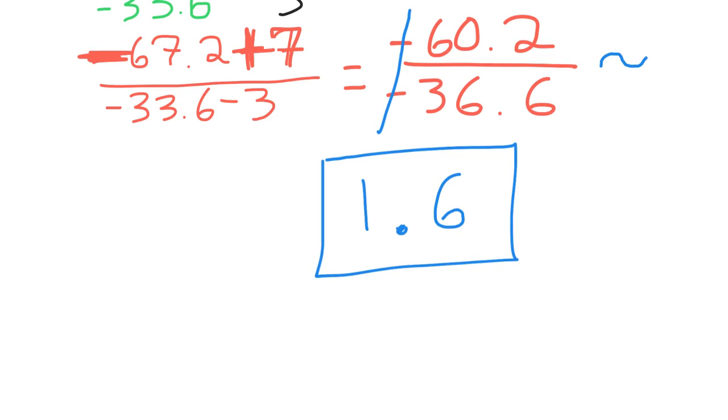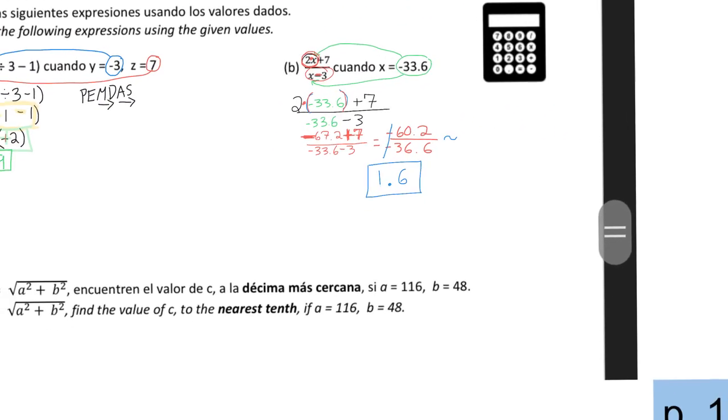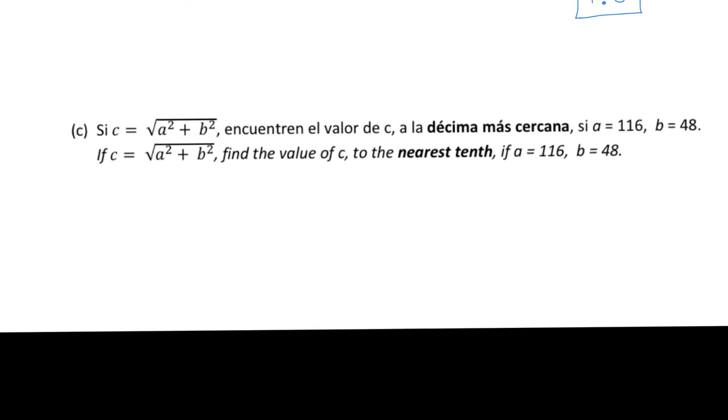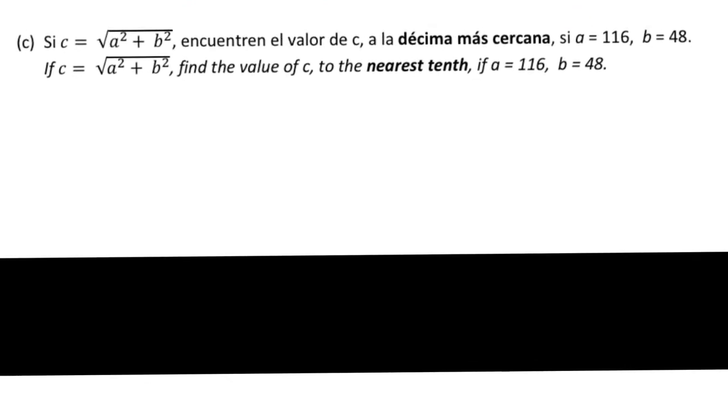Now on to the next question. Letter C. If C is equal to square root of a squared plus b squared, find the value of C to the nearest tenth.